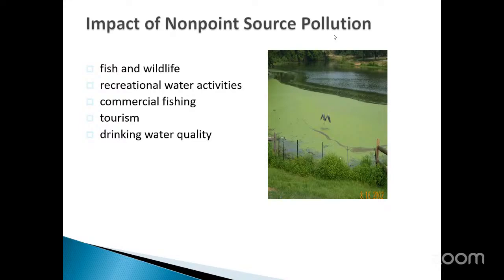Example: fertilizers from farms enter the nearby water bodies and cause eutrophication. So it affects various species, that is fish and wildlife, recreational water activities, commercial fishing, tourism, and drinking water quality also decreases. Now, can you tell me an example for acute contamination?